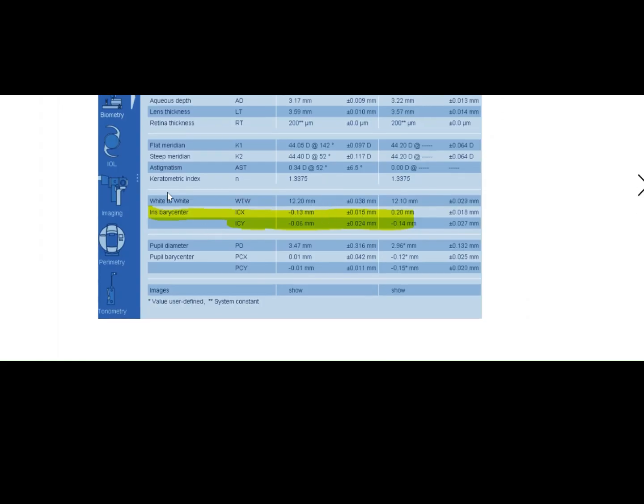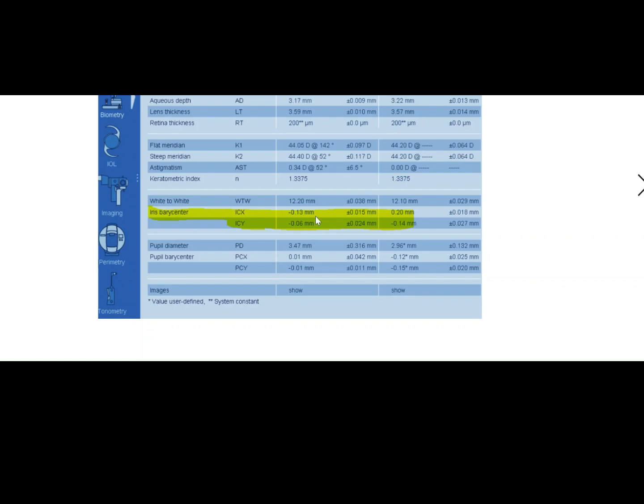This is a page from the Lenstar, and if you go into the iris pericenter and the pupil pericenter, you will see these x and y coordinates, which give you an understanding about the decentration in the eye. The x and y coordinates of the iris pericenter show you the decentration of the visual axis compared to the iris, the optical axis, while the pupil pericenter shows the decentration of the visual axis in relation to the pupil barycenter, the pupillary axis.